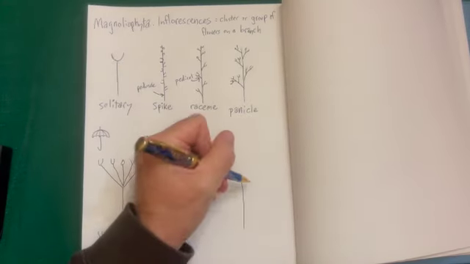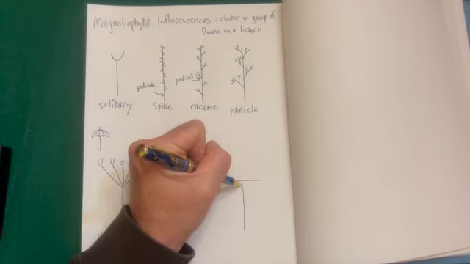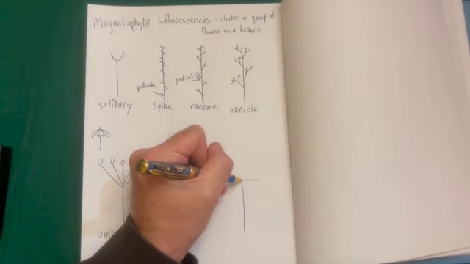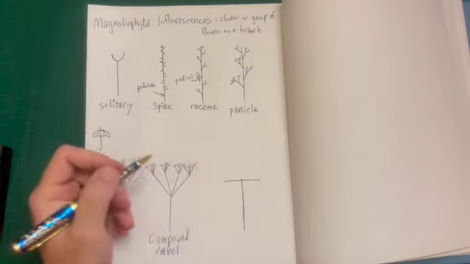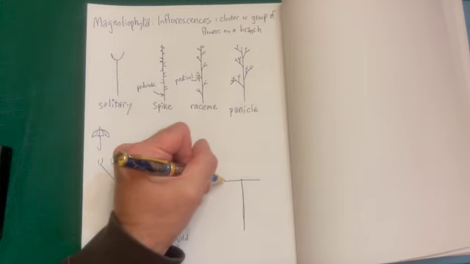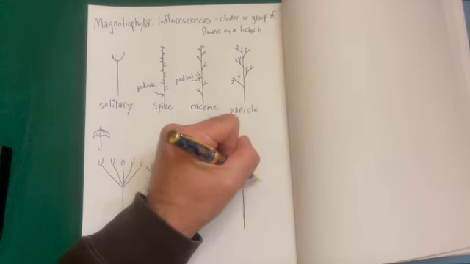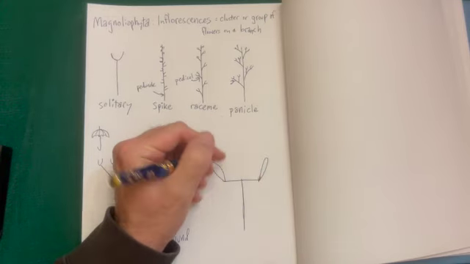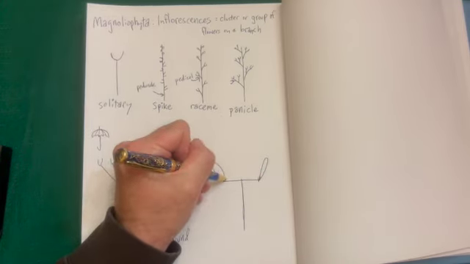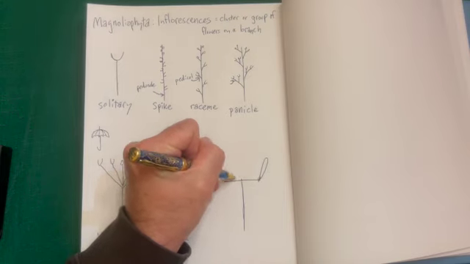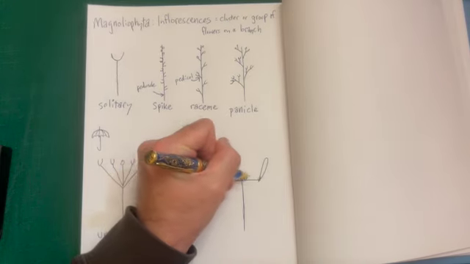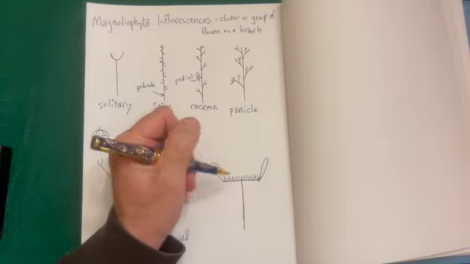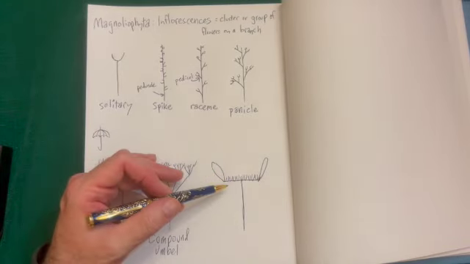And the last inflorescence that I'm going to hold you accountable for starts with the letter T. And instead of having an umbel, imagine that we've got a few dozen or a few hundred flowers that are all sharing a common receptacle.